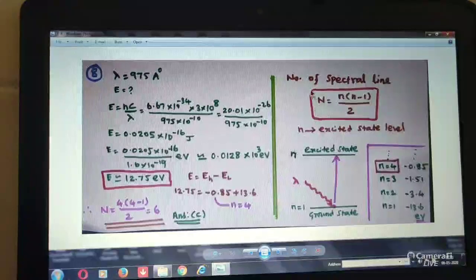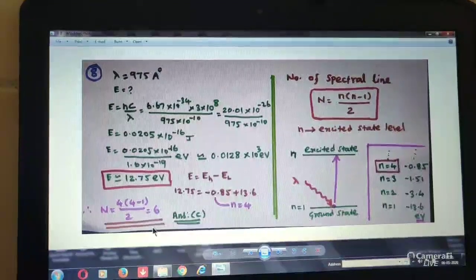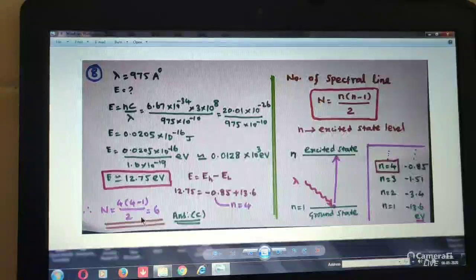So the number of spectral lines emitted from the fourth level is 6. This is option number C.